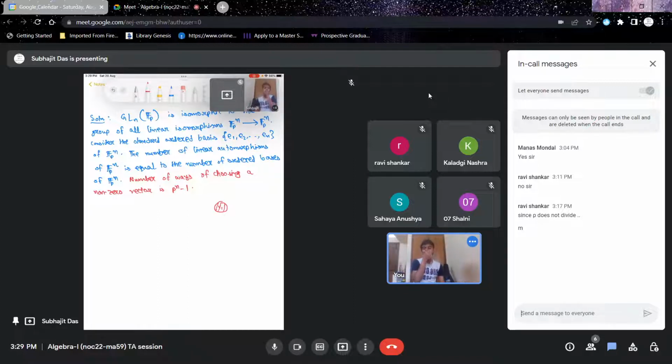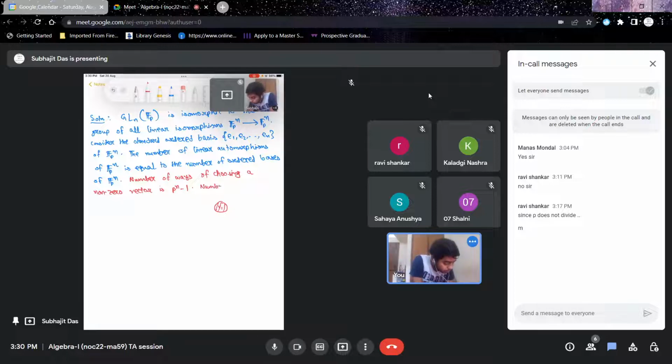Since the underlying field is Fp, the finite field with p elements, the number of elements in the span of V1 is precisely p, right? So you need to choose V2 outside this, so you have precisely p^n minus p choices for V2, right?